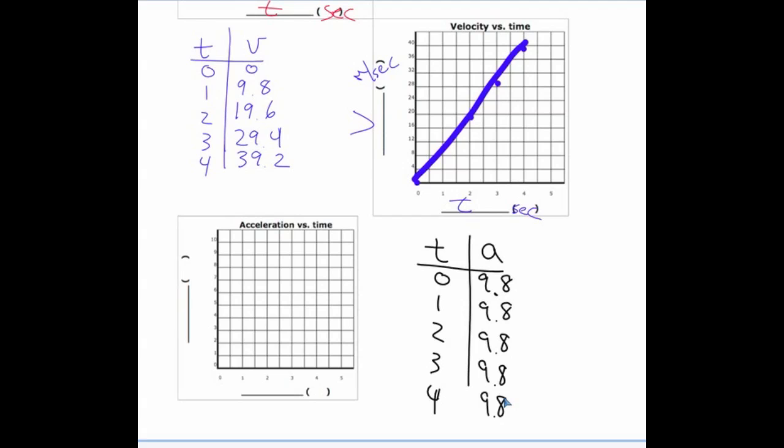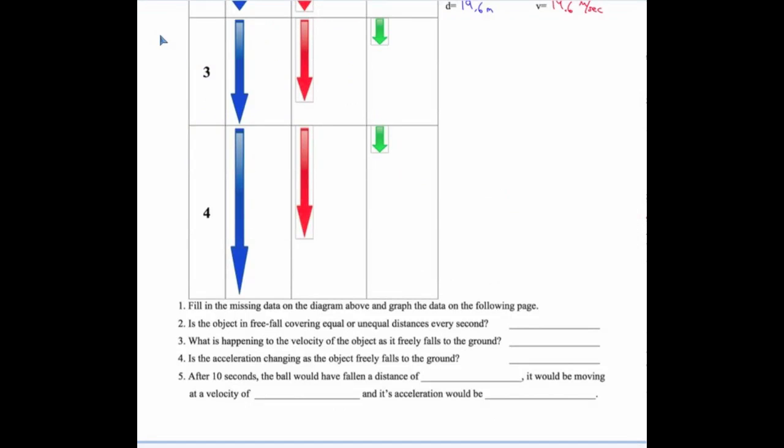When we graph the acceleration versus time, acceleration in meters per second squared is the y, and time in seconds is the x. We can see that the acceleration is staying at 9.8 meters per second squared. As time goes forward, the acceleration stays the same.